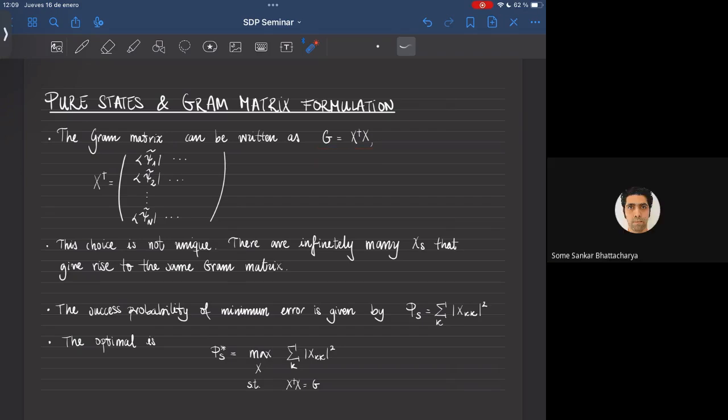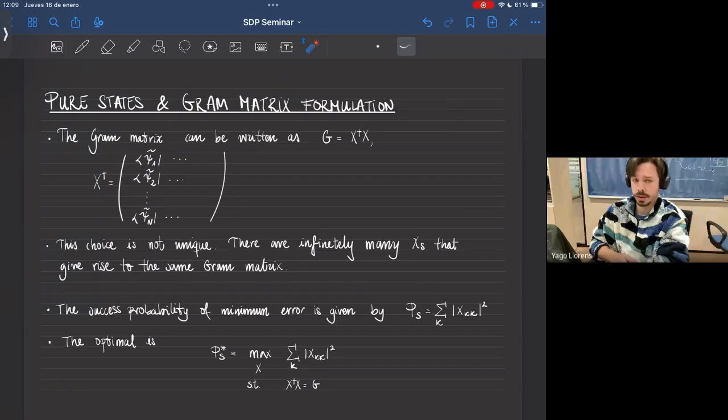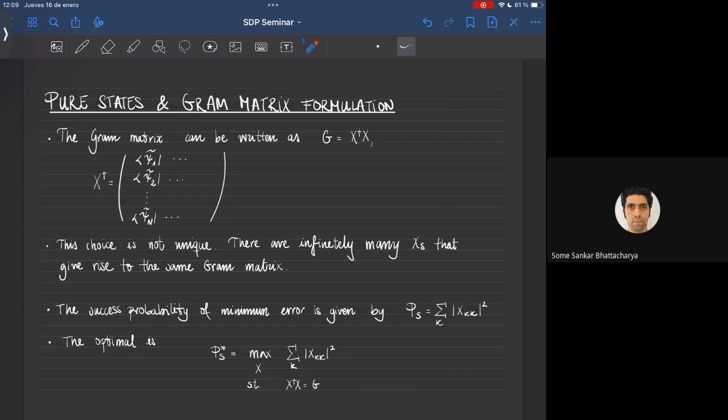So I mean, different ensembles may have the same gram matrix. Yes. But when you consider that 2 to the power n cross 2 to the power n, that is different for all ensembles, right? I mean, that cannot be the same for two different ensembles. Sorry.